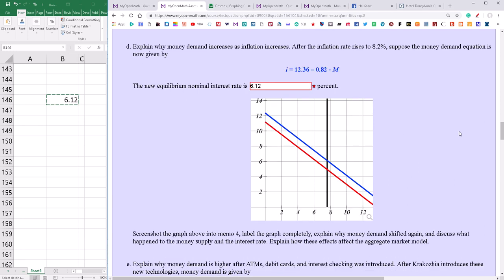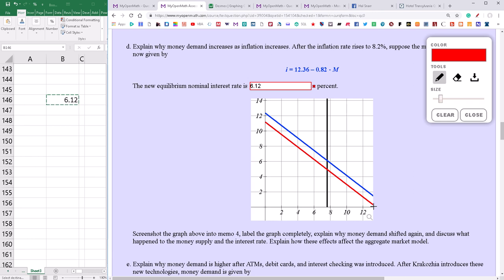So now we've got to graph it again. Okay, so this is money demand, not today, but in one period. This was the original equilibrium, and it was just under 5, right?